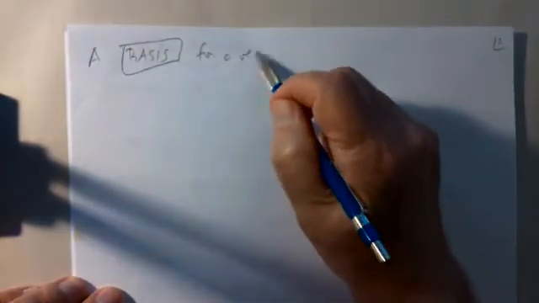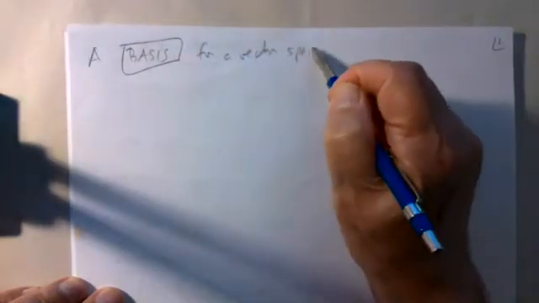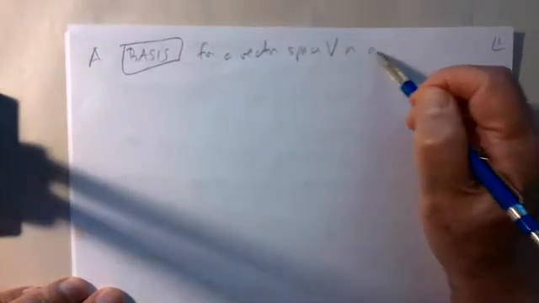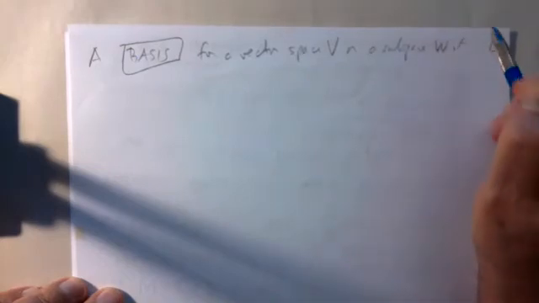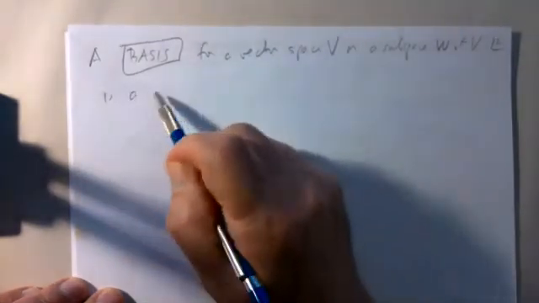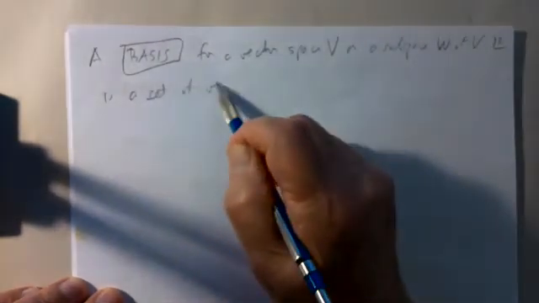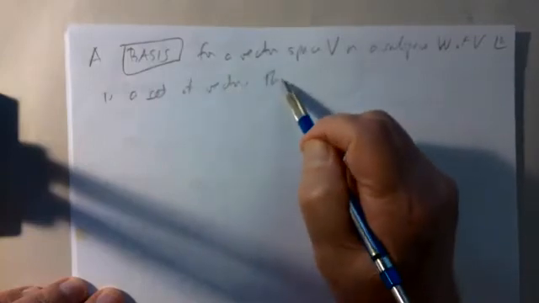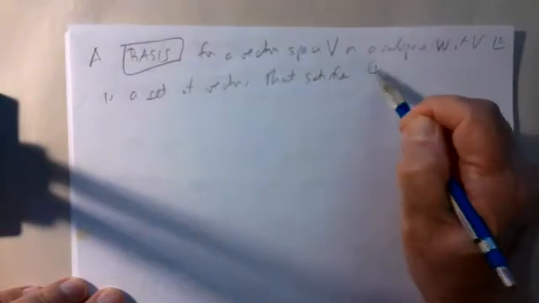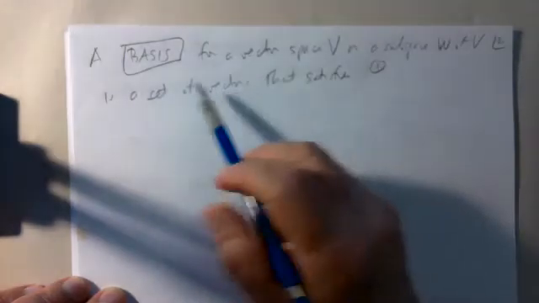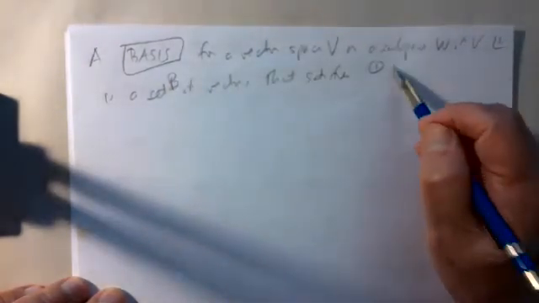We say that a basis for a vector space V or a subspace of V is a set of vectors that has the following two properties. First set of vectors, I'll call it set B for basis.